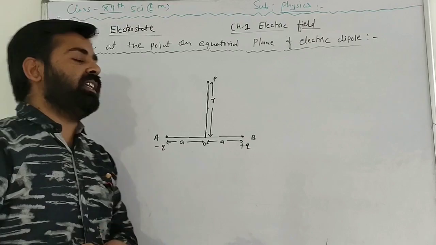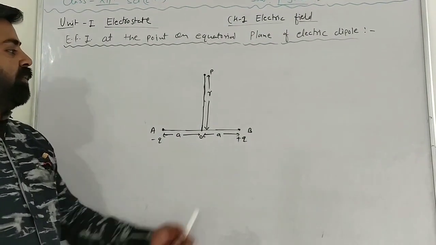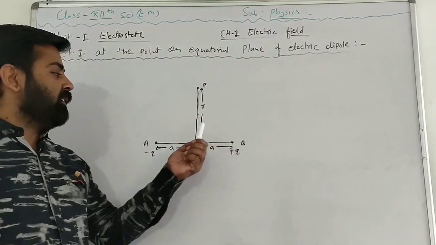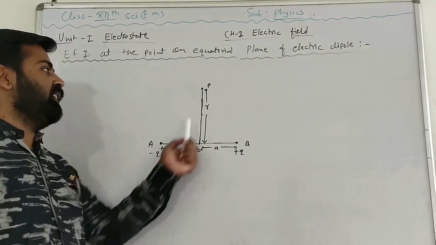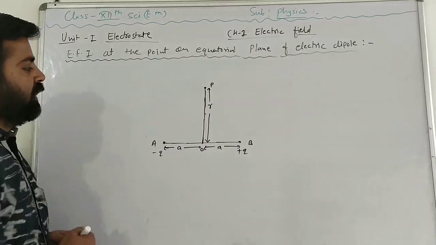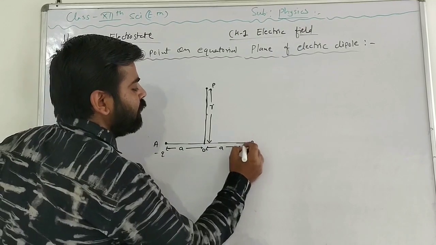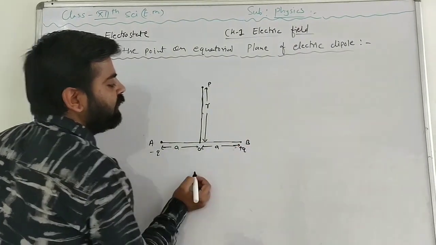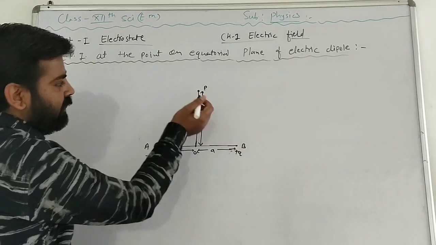To find the electric field intensity, firstly we find the direction due to plus q charge and minus q charge at point P. Due to plus q charge, we know the electric field intensity is always towards outside.